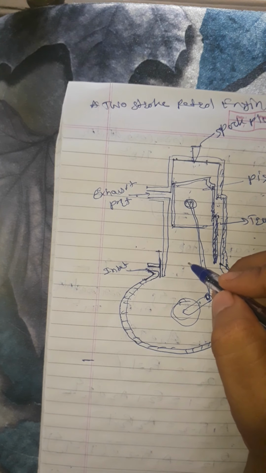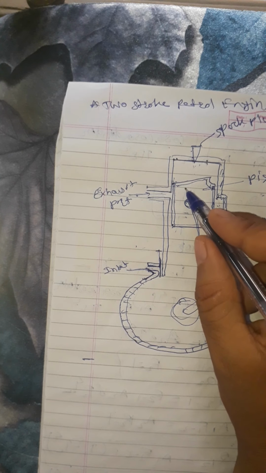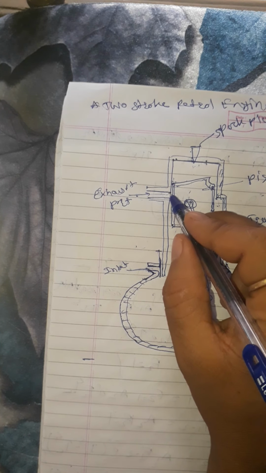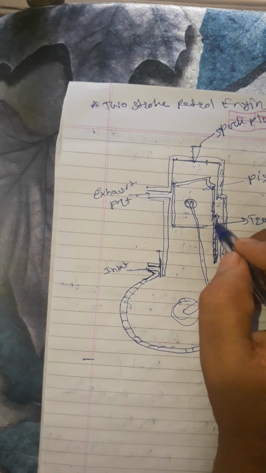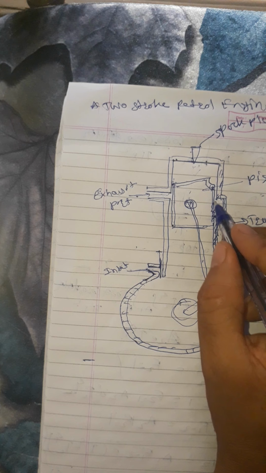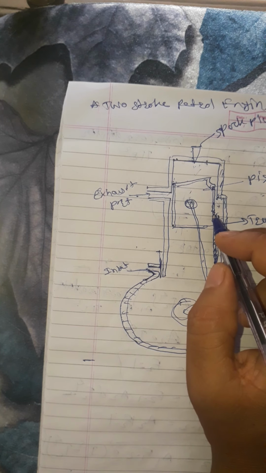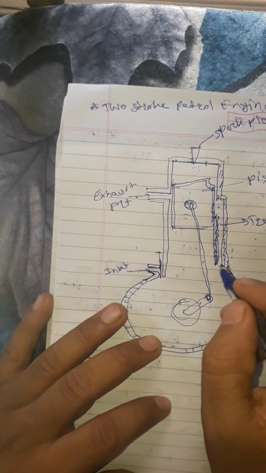About 2/3 of the way down, the exhaust port is uncovered. The burned gases leave the cylinder. Further downwards, the transfer port is uncovered, which allows the fresh mixture into the cylinder.